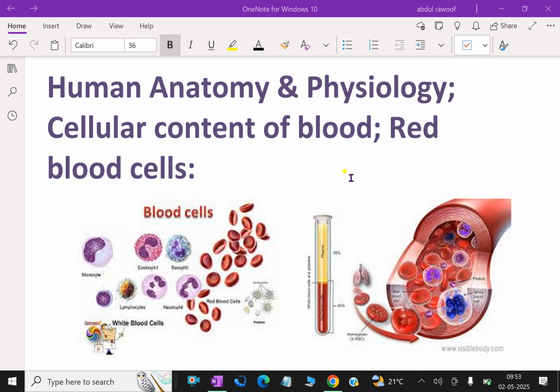As each atom of iron can combine with an oxygen molecule, a single hemoglobin molecule can carry up to 4 molecules of oxygen. An average red blood cell carries about 280 million hemoglobin molecules, giving each cell a theoretical oxygen carrying capacity of over a billion oxygen molecules.